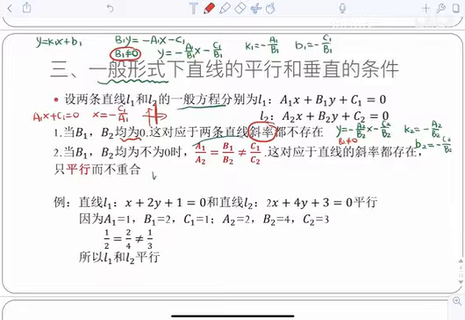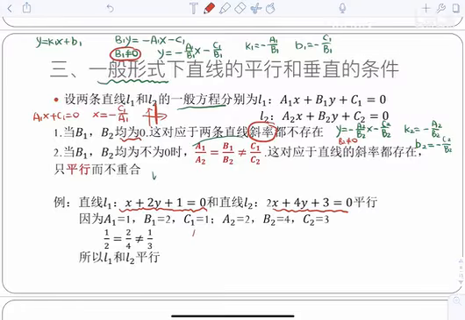So for L1, we know A1 equals 1, B1 equals 2, C1 equals 1. And from L2, we know A2 equals 2, B2 equals 4, and C2 equals 3.